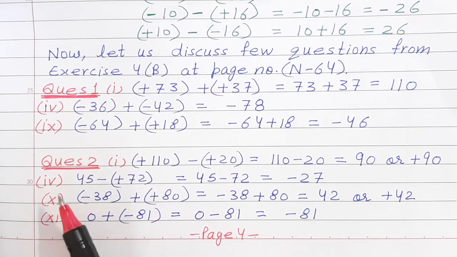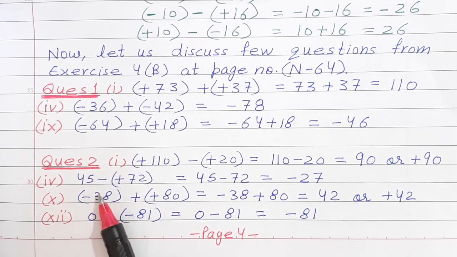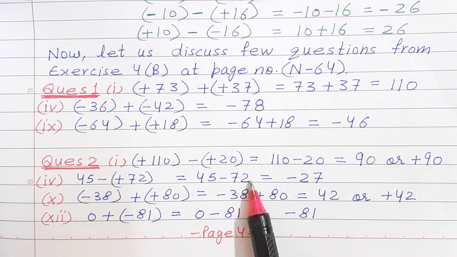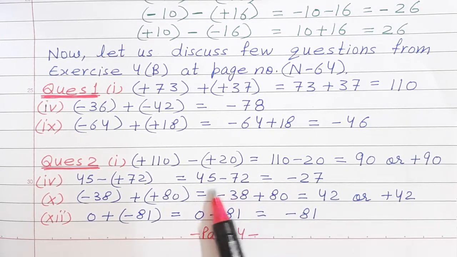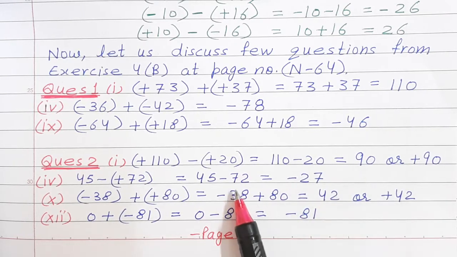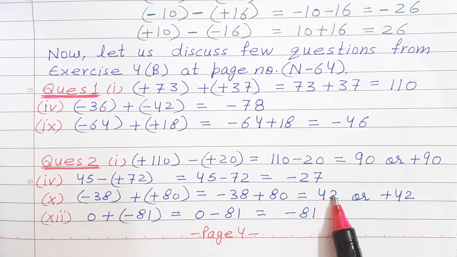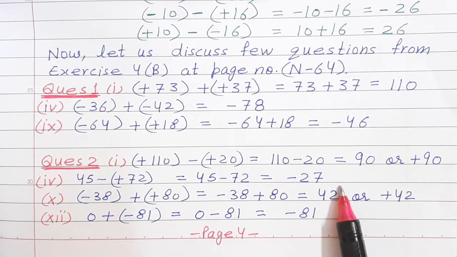Then next is 45 minus 72. So 45 minus 72, we have to subtract these two, that is equal to 27, and since before the greater number there is a negative sign, minus 27 will come, right?